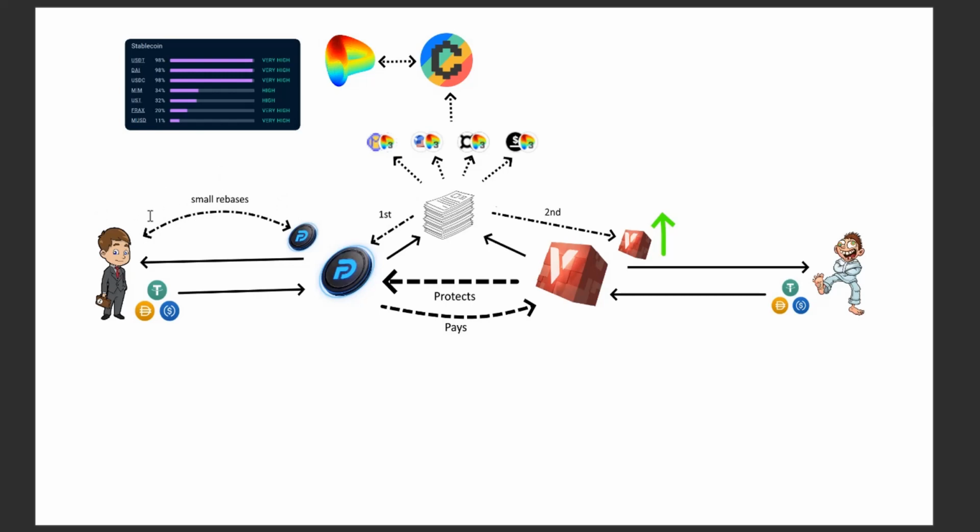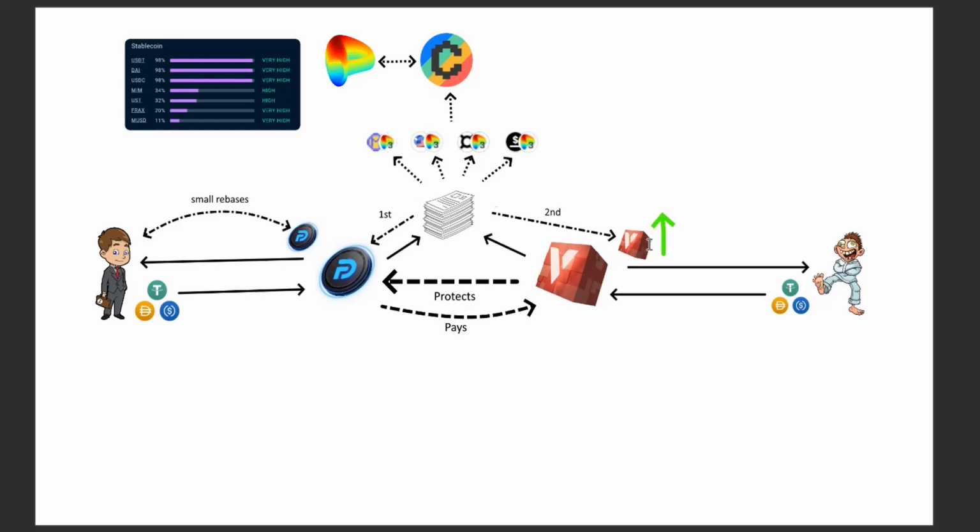So you'll have 101, 107, 112, and you'll just have more and more password tokens inside your wallet. Now they do these small rebases so that they don't get front run, okay? And the second priority is to increase the value of this vault share token.